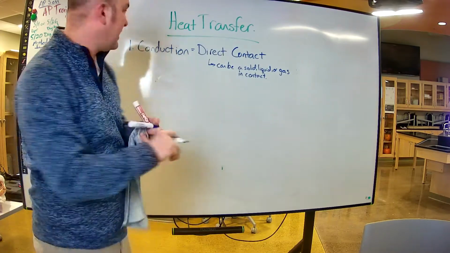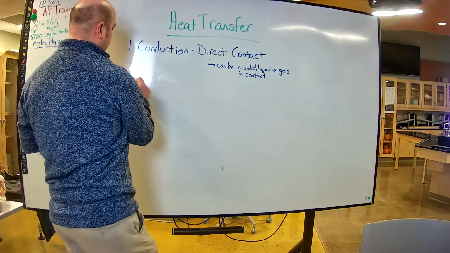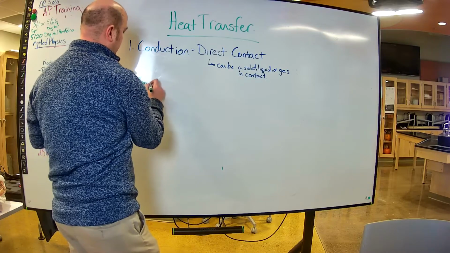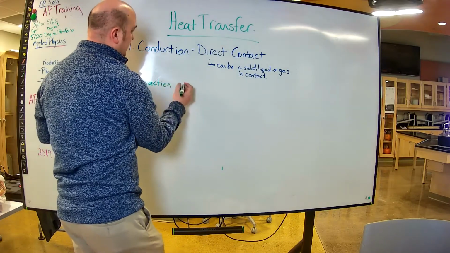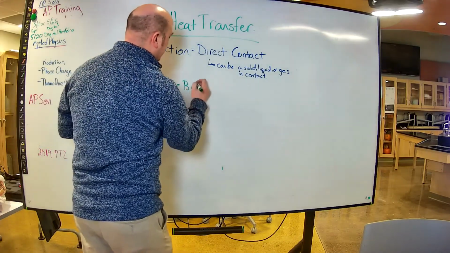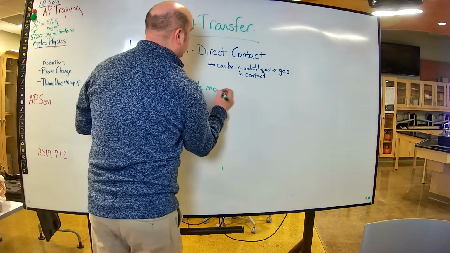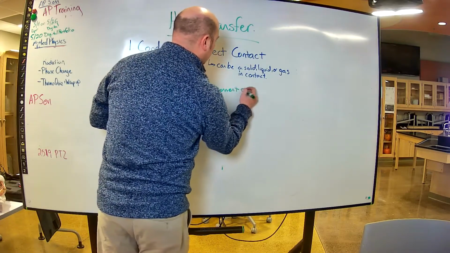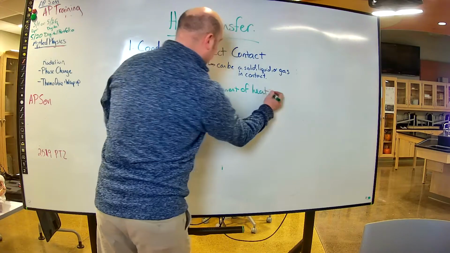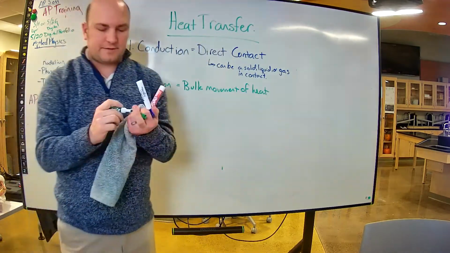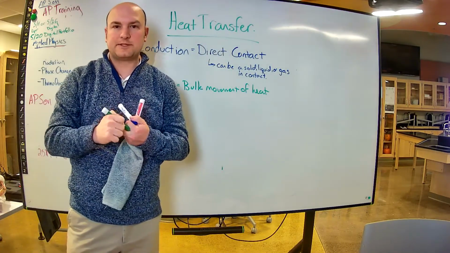Second type that we had was convection. That's the bulk movement of heat. And this is usually liquids and gases.